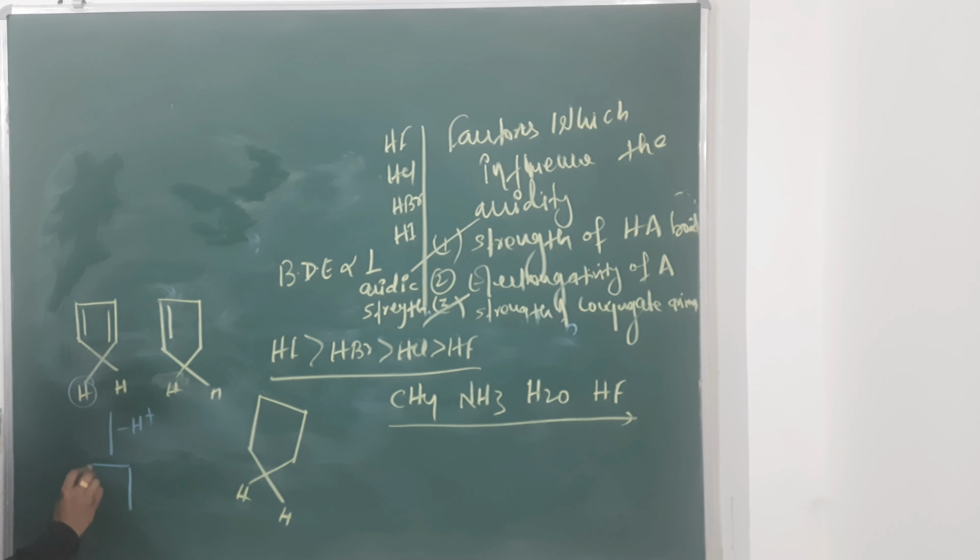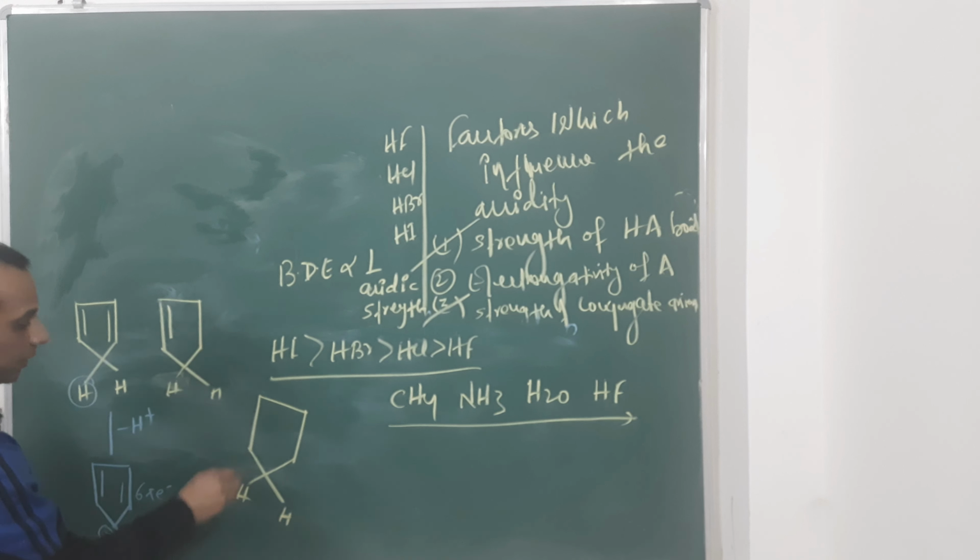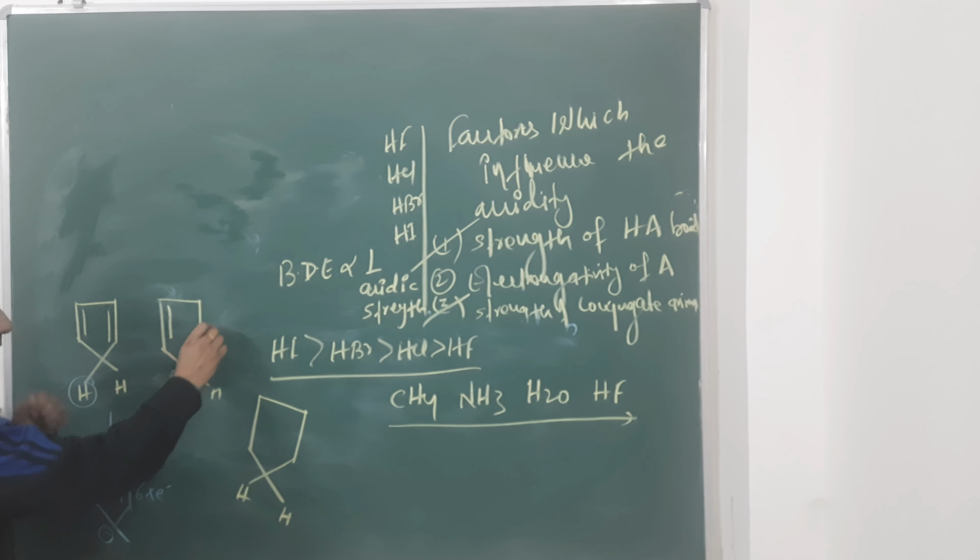The compound will have a negative charge. Here there are 6 pi electrons, 2 pi to 4 pi to 6 pi, in a conjugation system. In the second, one hydrogen is released and the negative charge comes, with a conjugation of double bond, single bond, negative charge, and 4 pi electrons.